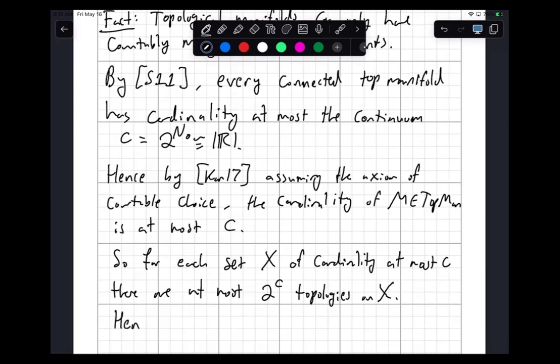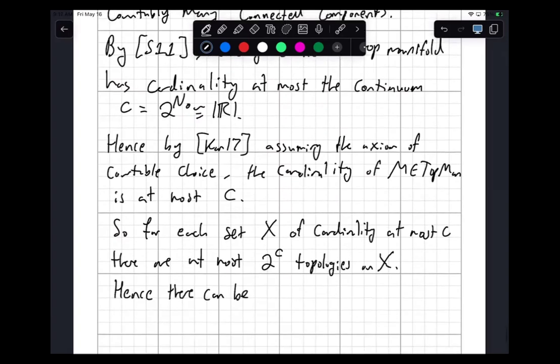Hence, there can be at most 2 to the C non-isomorphic topological manifolds.